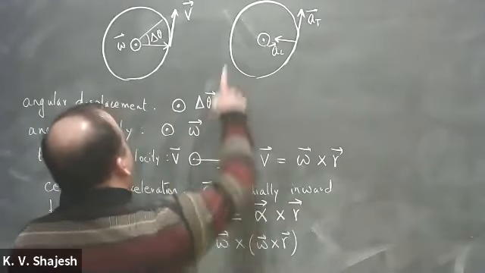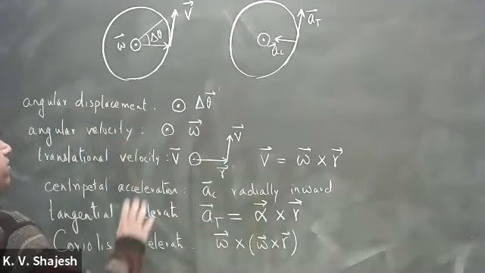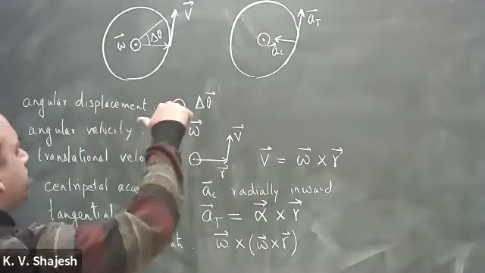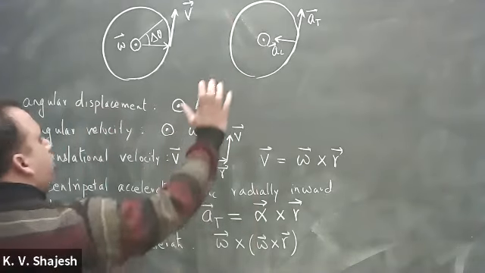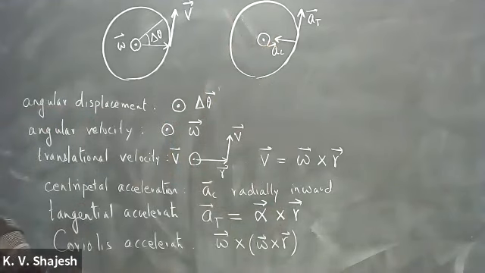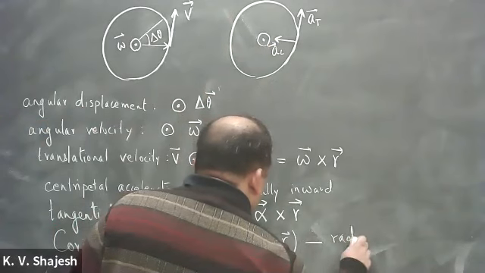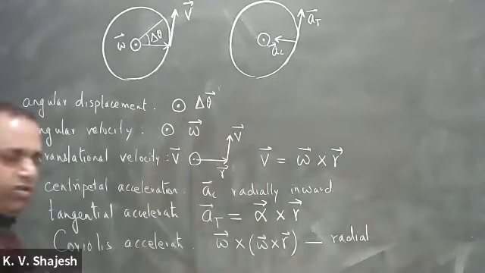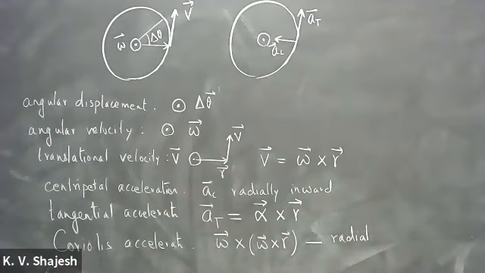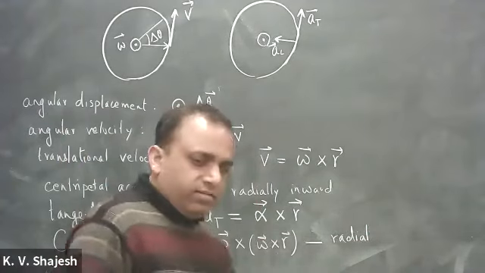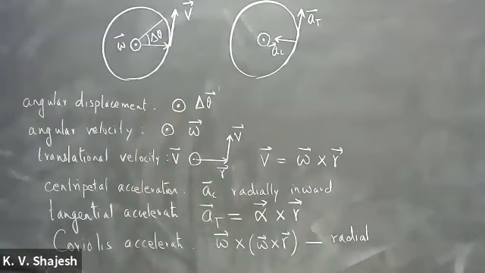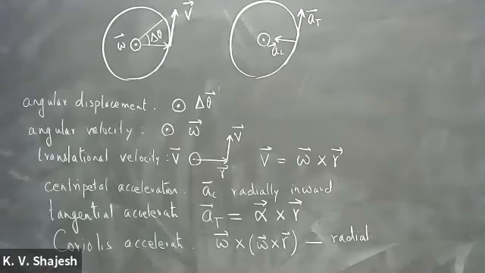This is already in the tangential direction, so you have to get omega crossed with the tangential direction, so that's radial. It depends on what direction you are moving, so let's just say it's radial. So that clarifies some of the directions involved.